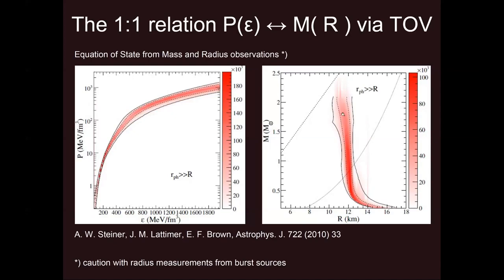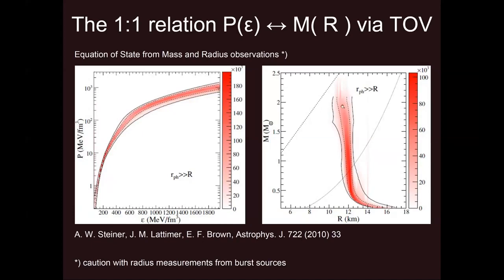From these bursts, one could infer the photospheric radius. And once you have a radius and mass constraint, of course, you can invert the Tolman-Oppenheimer-Volkoff equation and get a quite precise pressure versus energy curve here.